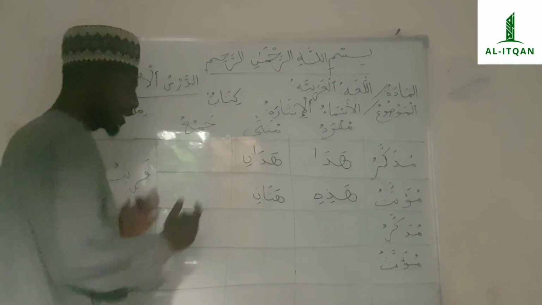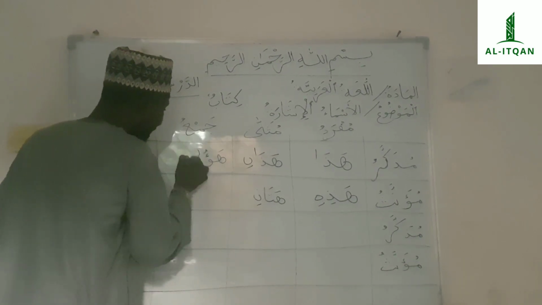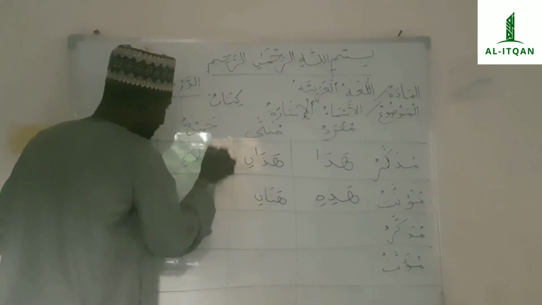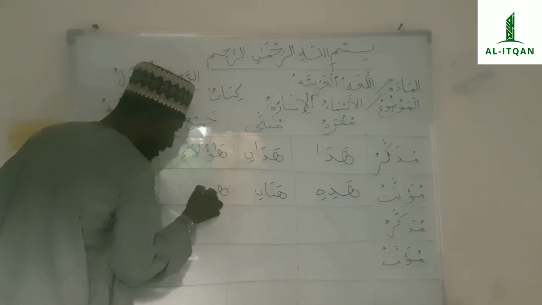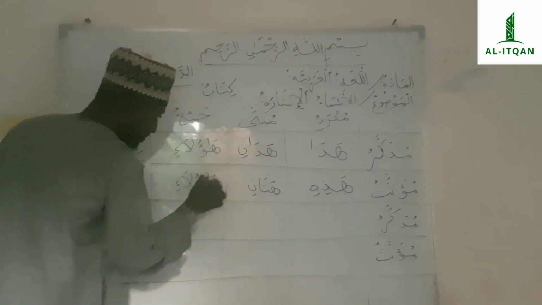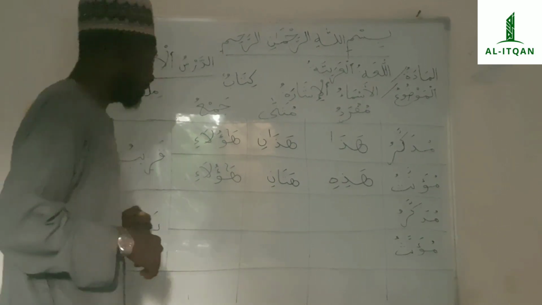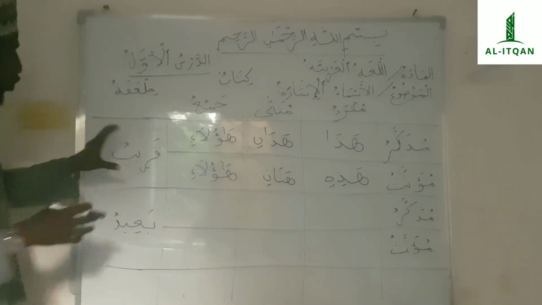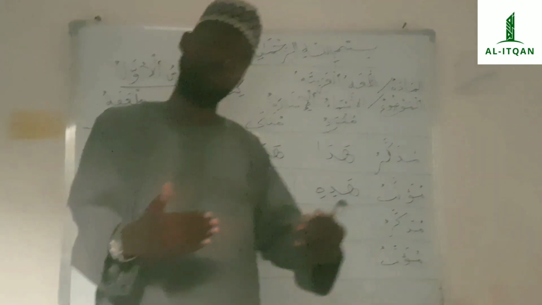Then for plural, they have the same form. You say haulai. You can see that all of these are referring to qarib, something that is very close to you.